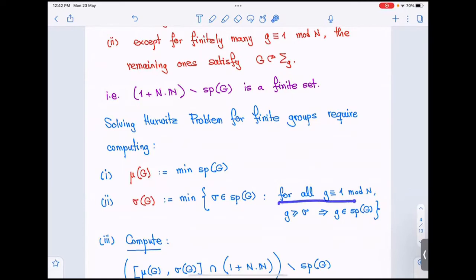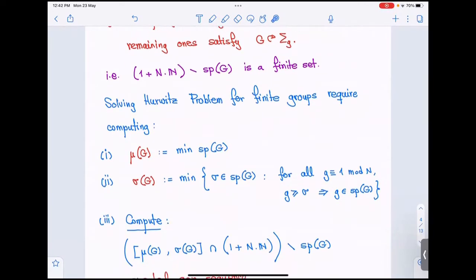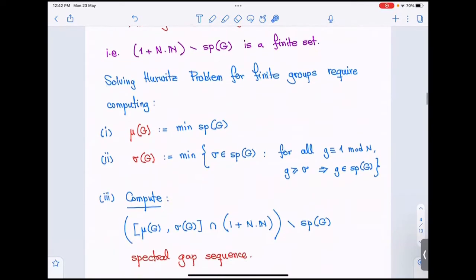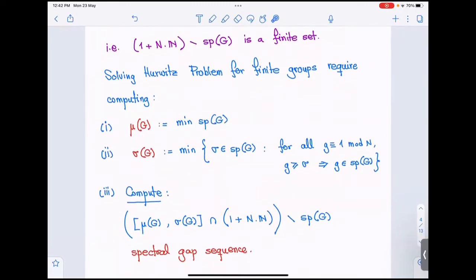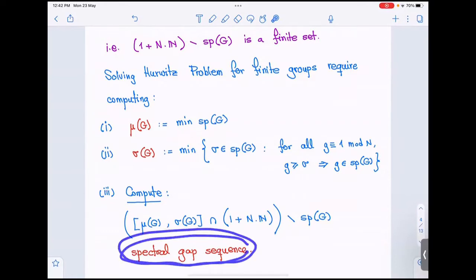So every g congruent to 1 mod n beyond sigma turns out to be in the spectra. These two are the main ingredients, and then I need to look at the integers in between, which are in the arithmetic set but not in the spectra. This is usually named the spectral gap sequence.